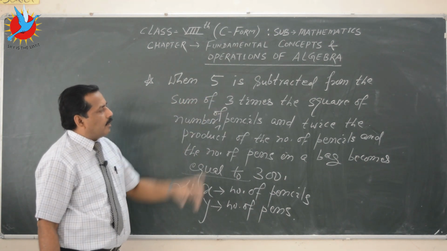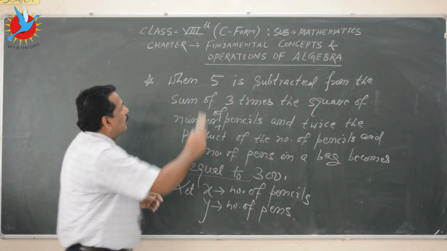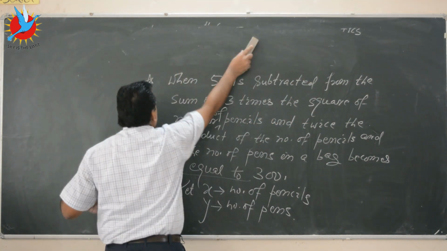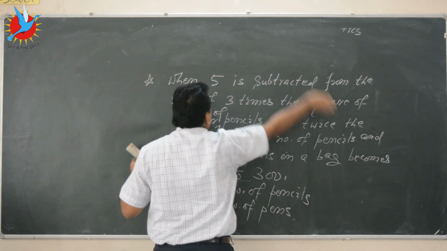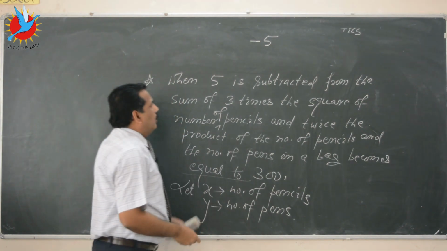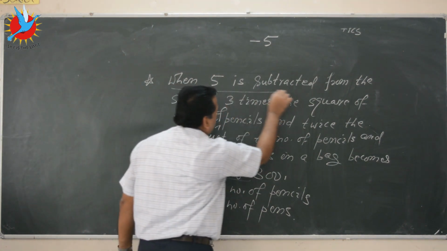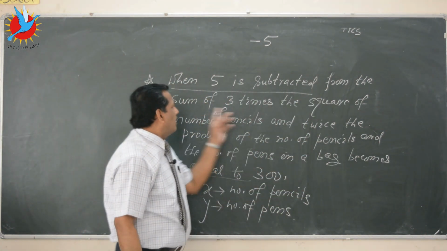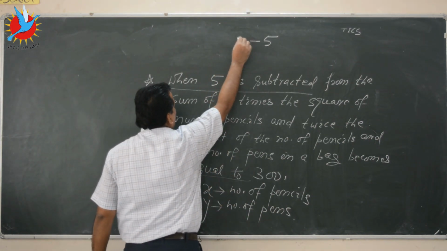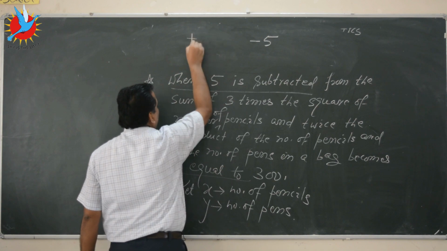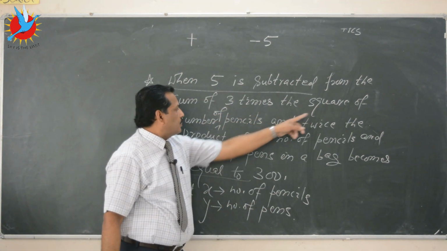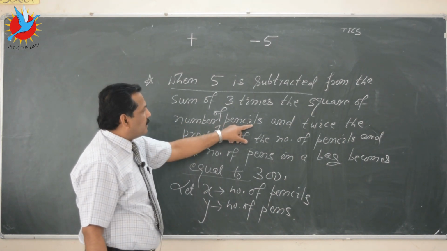When 5 is subtracted, so subtract this 5. We have done up to this part. From the sum of means how to subtract it from the sum of 3 times the square of number of pencils.